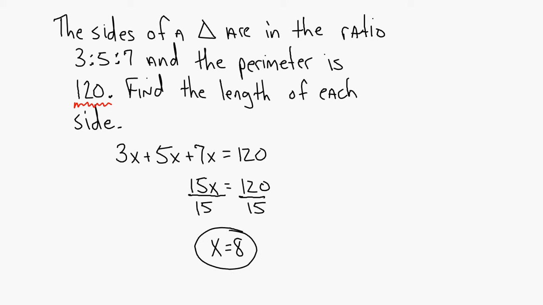So if x is equal to 8, 8's your multiplier. So find the length of each side. Well, the length of each side is going to be 3 times 8, which is 24, 5 times 8, which is 40, and 7 times 8, which is 56. So those are your 3 side lengths. When you add those together, it's going to equal 120.